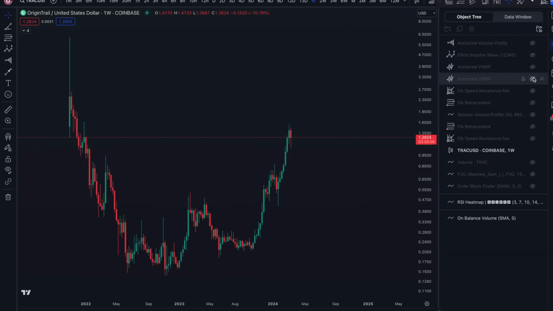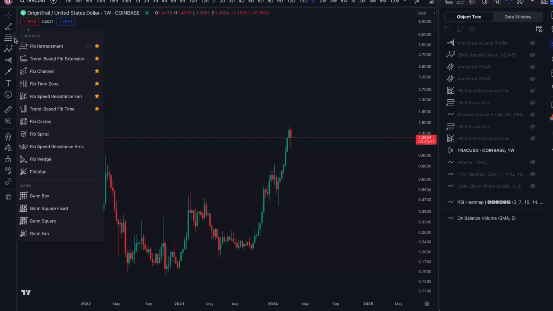So let's look at TRAC quickly as well. If you look at TRAC from here, you can see you've got the 1, 2, and you're working in the third. If I want a quick target of where this third can go, this is always something I do at the start.